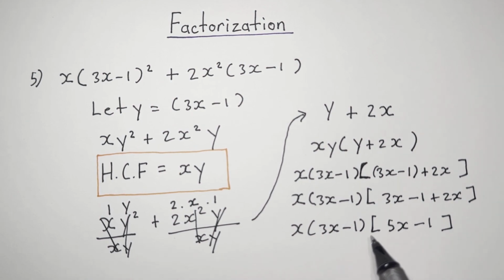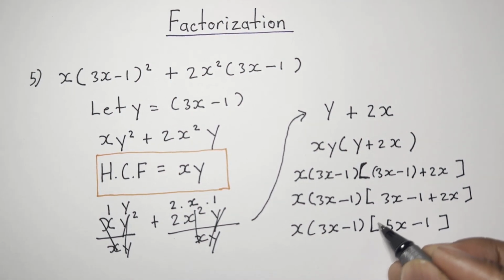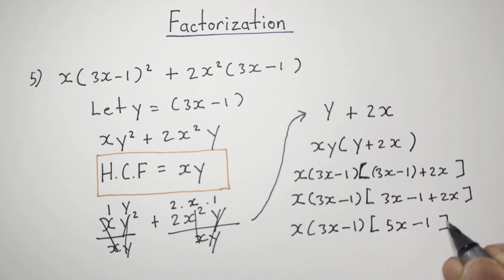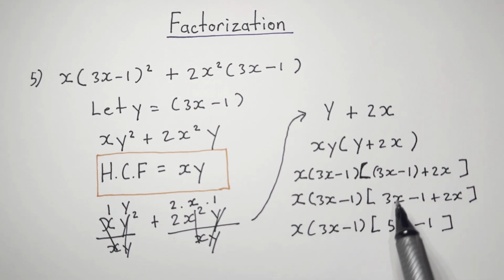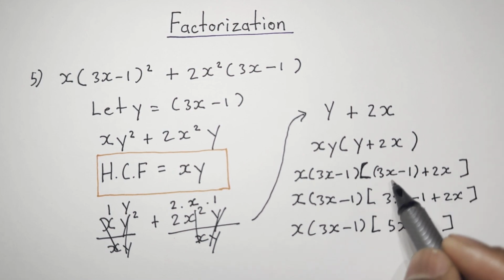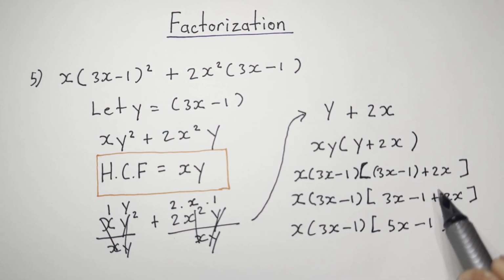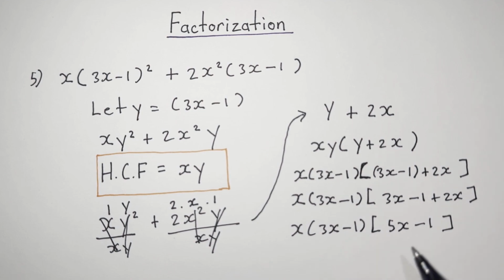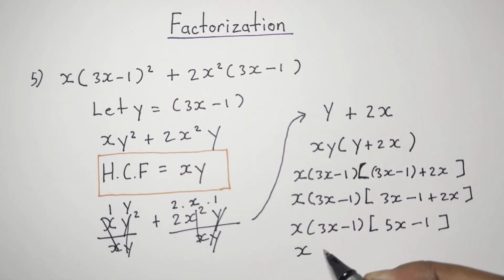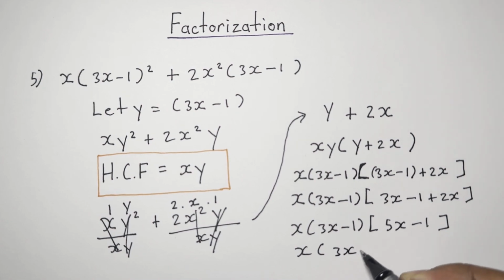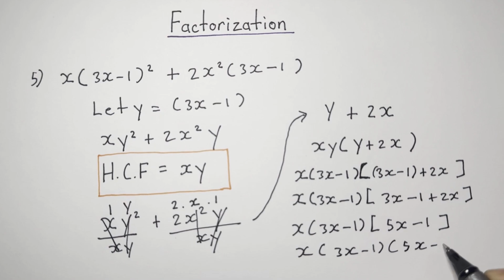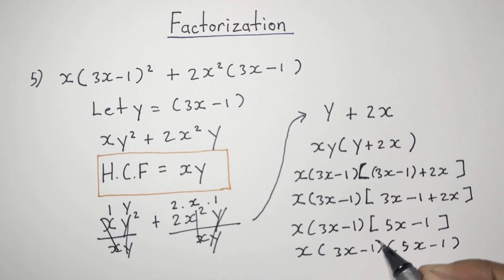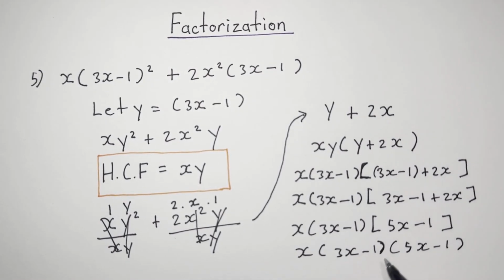If we have our answers with parentheses here instead of the square brackets, it would still be correct. But when we have square brackets, it shows that more calculations are going to take place. So we can write our answer like this. Because it's finished.